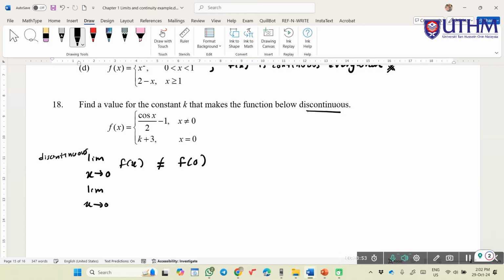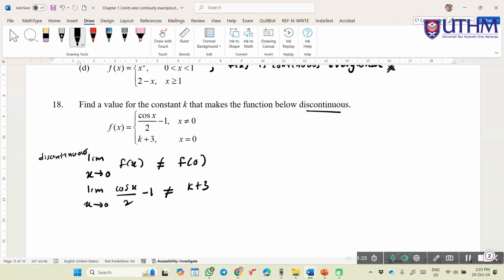Our f(x) now is cos x divided by 2 minus 1, which must not equal f(0). f(0) is k plus 3. Since we don't have the variable x here, k plus 3 is a constant. So find the limit as x approaches 0. cos 0 is 1, so 1 over 2 minus 1 is 1 over 2.